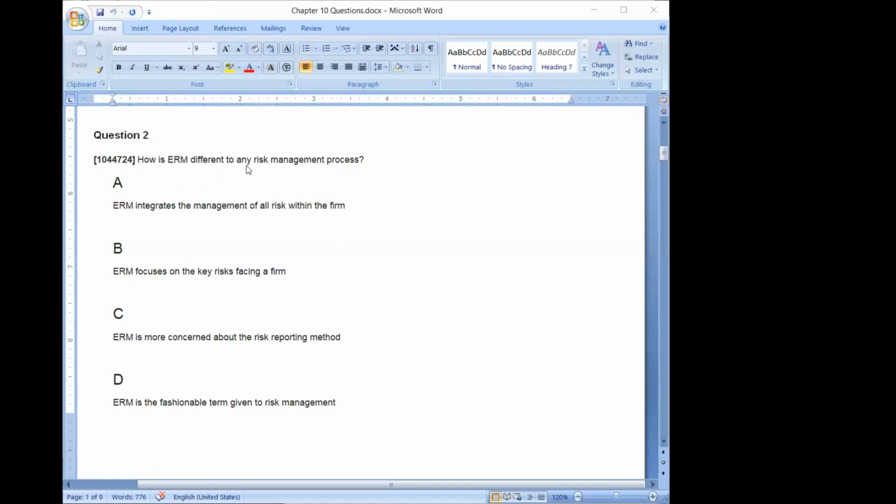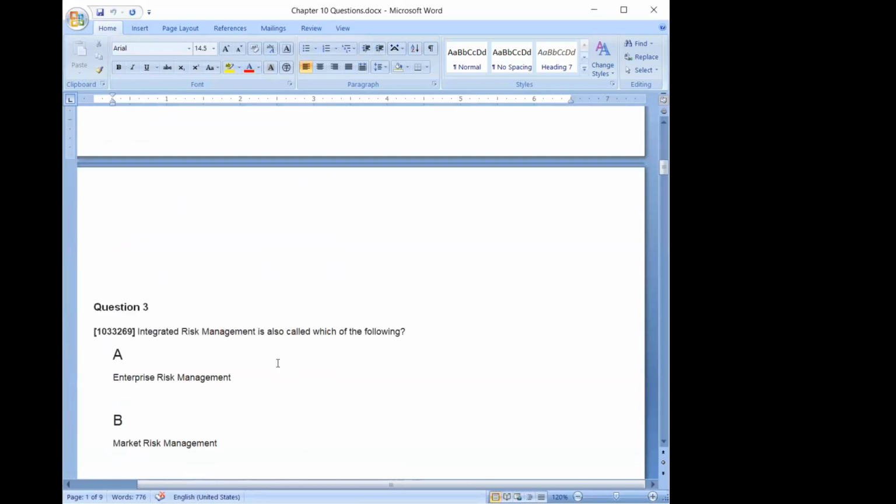How is ERM different to any risk management process? ERM integrates the management of all risks within the firm. ERM focuses on key risks facing the firm. ERM is more concerned about the risk reporting method. ERM is the fashionable term given to risk management. So I think it's very clear. The first one is the best answer. ERM integrates the management of all risks within the firm. So the correct answer is A. Right. Let's go. Question number 3.